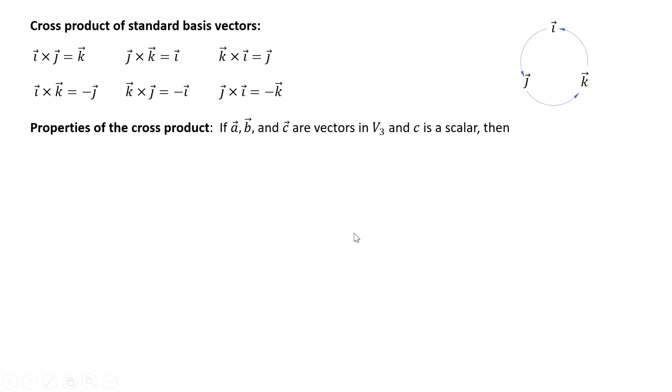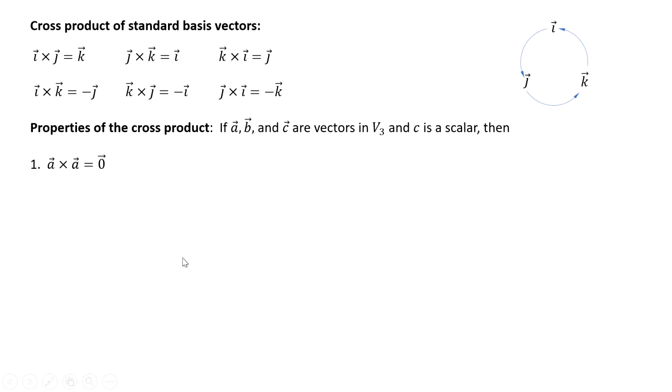If a, b, c are vectors in V3, some vector space of 3 dimensions, maybe we could say R3, that funny looking R for real numbers, and you write 3 not as a subscript but as a superscript. R3 means 3-dimensional real numbers, all x, y, and z real number axes. And c is a scalar. Then this is what happens.